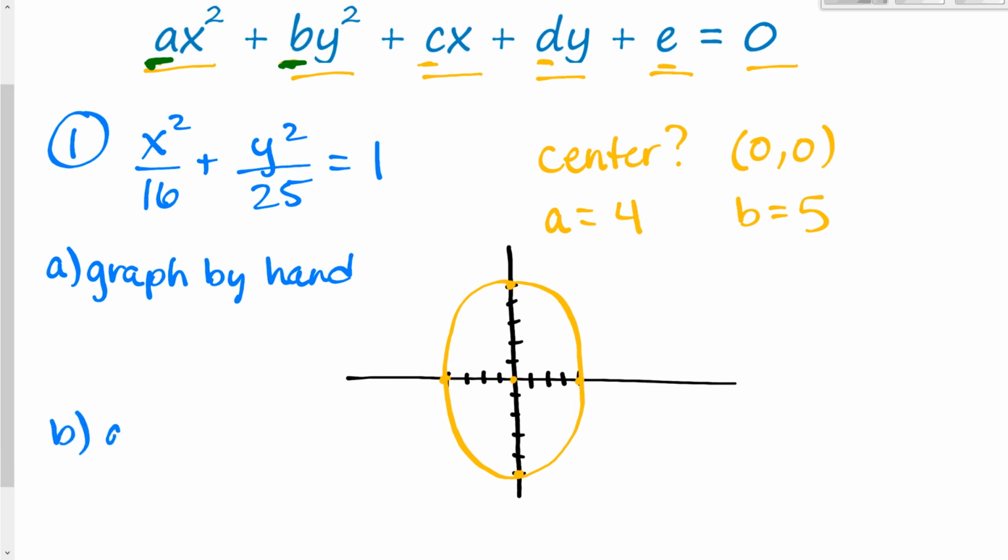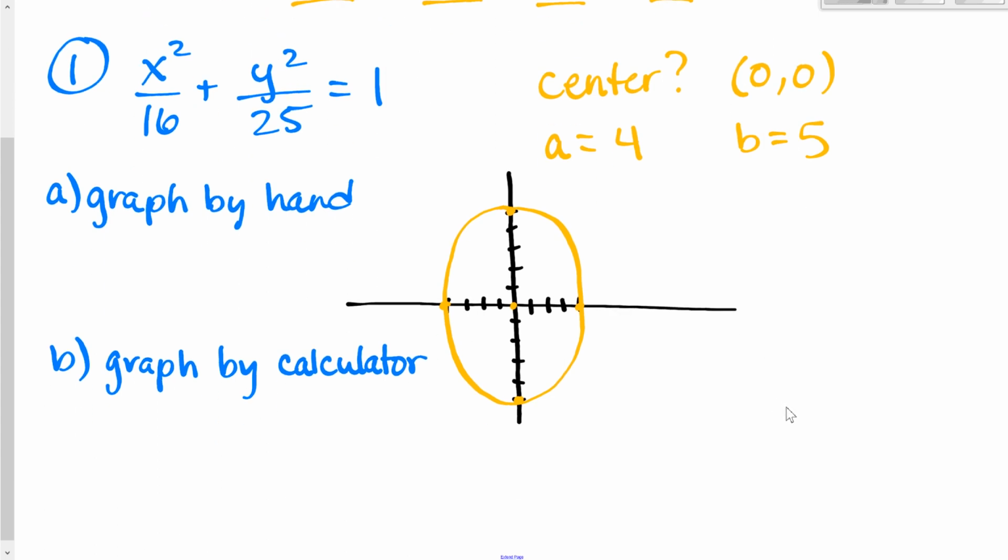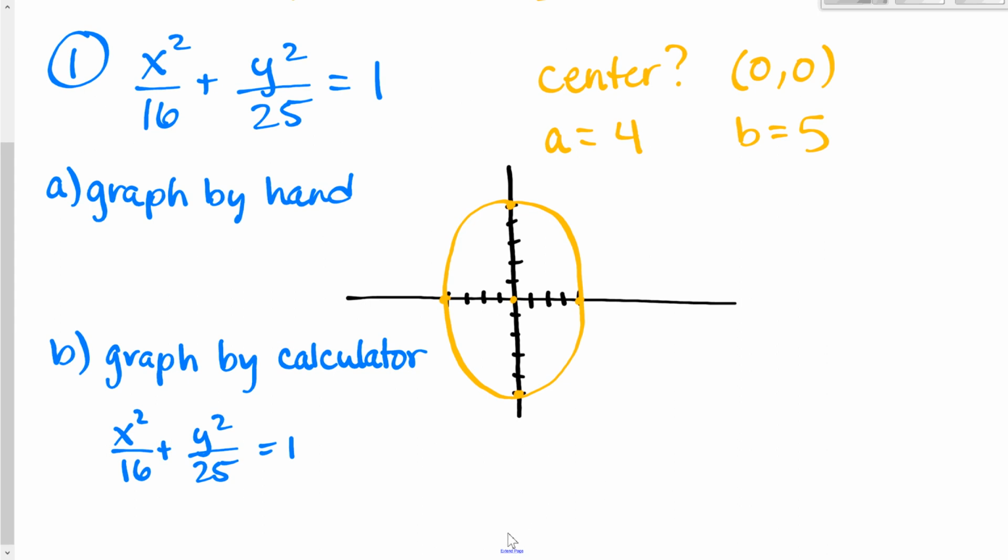Part B is graph by calculator. So we're going to take our equation and isolate y, just like we did with the circle. So we have our equation, x squared over 16 plus y squared over 25 equals 1. You know what you could do if you don't want to deal with those fractions?